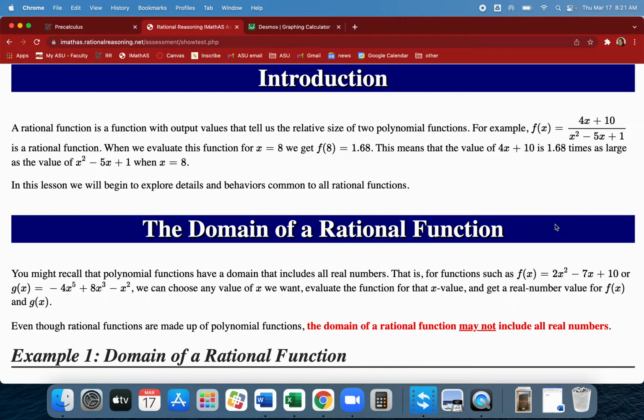There we go. So a rational function is a function with output values that tell us relative size of two polynomials. For example, f of x equals 4x plus 10 over x squared minus 5x plus 1 is talking about the relative sizes of that linear function in the numerator and the quadratic function in the denominator. So thinking about what sorts of values this has, it's going to tell you how many times larger one is than the other by looking at the size of this.